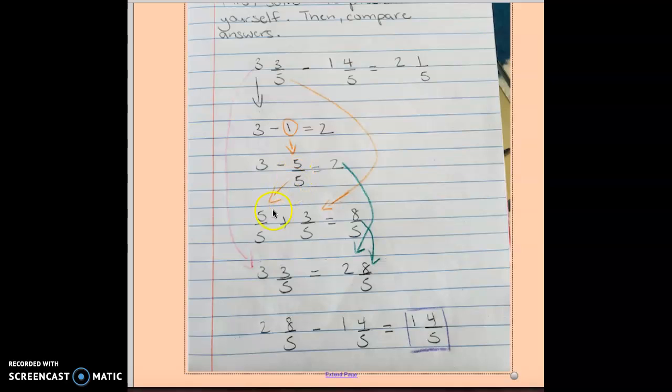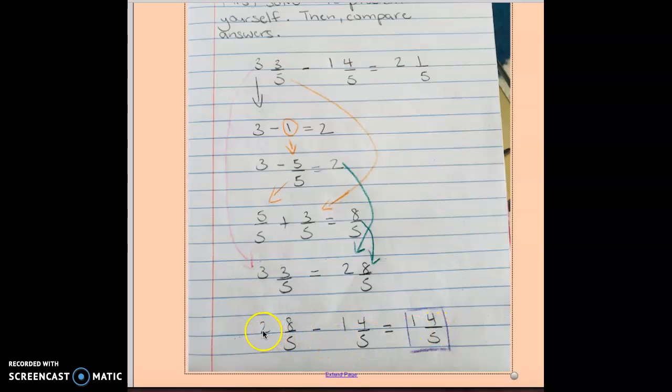I added this fraction to the original fraction that I had in my minuend, and now I have a fraction of 8/8. So now I can actually do the subtraction, because now the numerator in my minuend is large enough to subtract 4. And then I got the answer of 1 and 4/5.